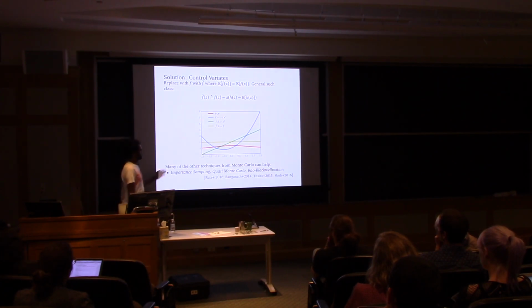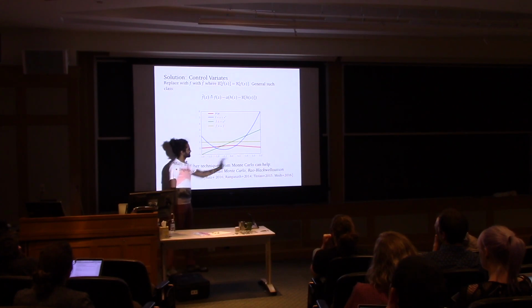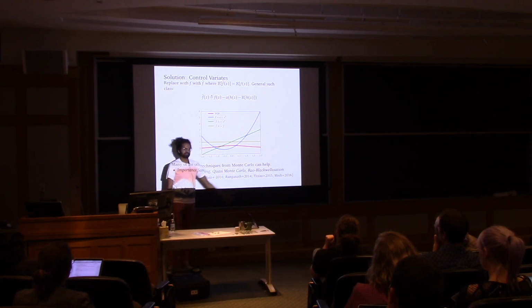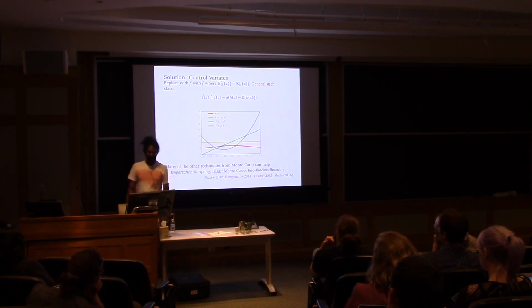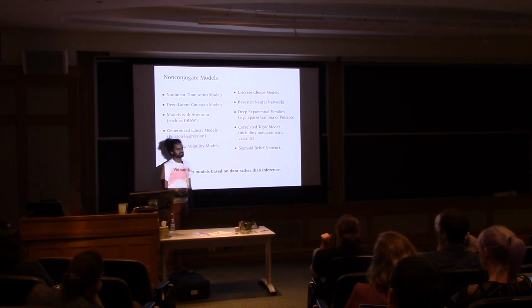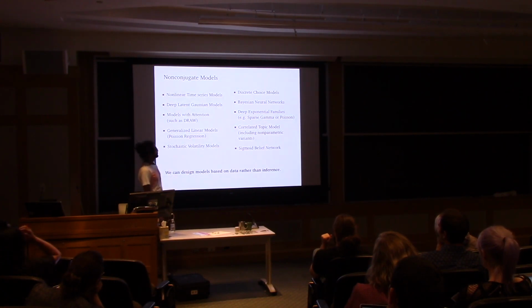And there are lots of new things that have come along here to really scale this along. But they mostly come from Monte Carlo, whether it's importance sampling, quasi-Monte Carlo, or computing conditional expectations. And with this, you can build a whole slew of models. Like all the models here, you could run with this.